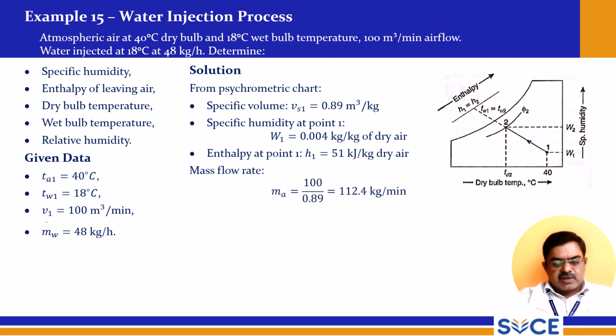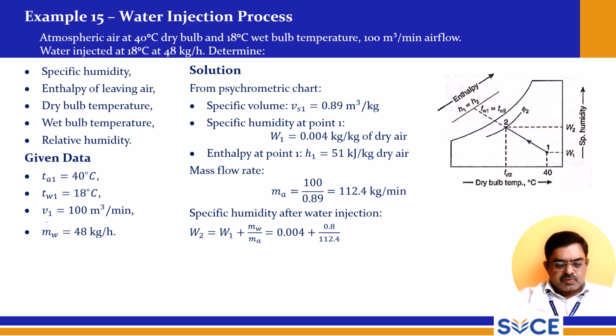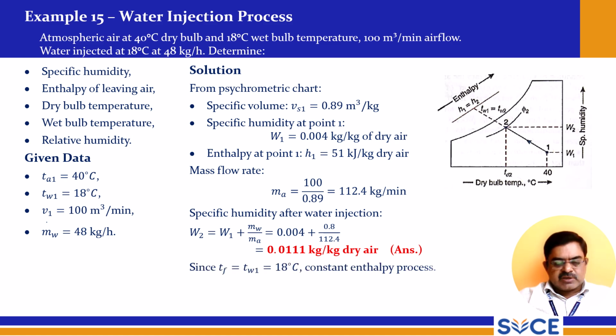So mass flow rate MA equal to 100 divided by 0.89, that is equal to 112.4 kg per minute. Specific humidity after water injection, W2, we know all the values, so it comes as 0.0111 kg per kg of dry air. TF equal to TW1 equal to 18 degrees Celsius, a constant enthalpy process, and H2 is equal to H1 because the water injection process is a constant enthalpy process.